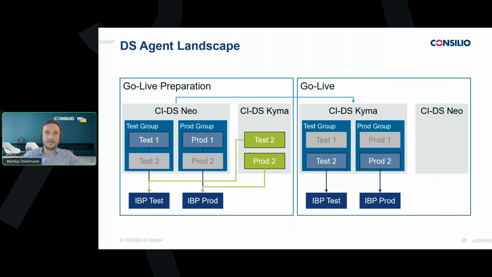That side is the test 2 and the prod 2. Test 1 and prod 1 are inactive at the moment because they are routed to Neo, and Neo is not available anymore. For this reason, you have to route these agents, test 1 and prod 1, to the Kyma environment.